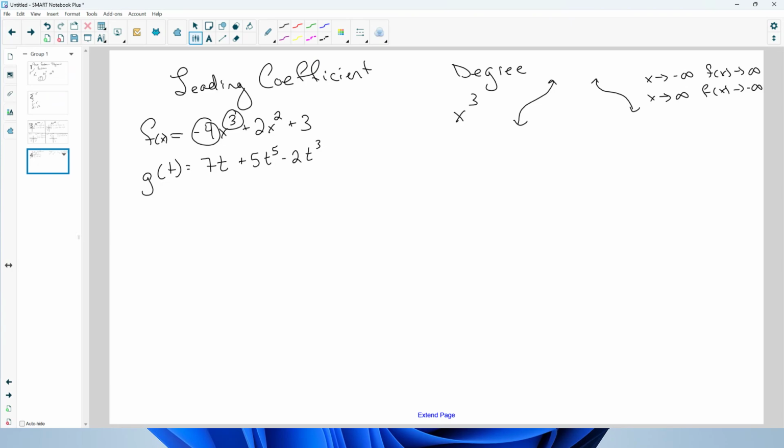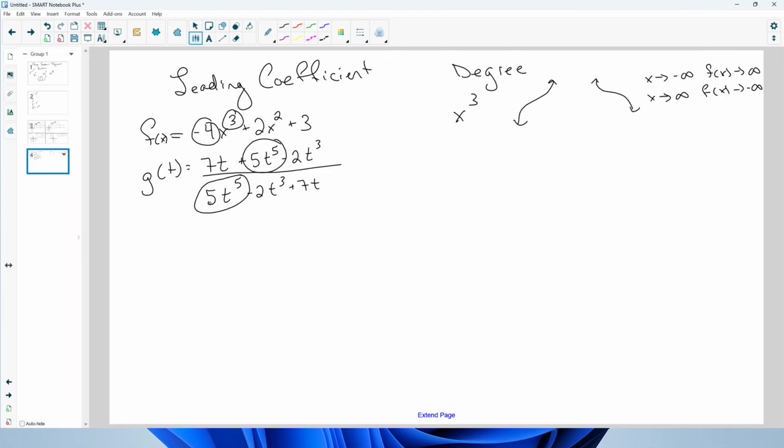Now, you don't have to do this, but what would be easiest is you go and you put it in order from your degrees. 5t to the 5th minus 2t cubed plus 7t. Oh, this is what I'm looking at. And if I'm only looking for my end behavior, I could just look at this and automatically say, oh, that's my highest power. So that's my degree.